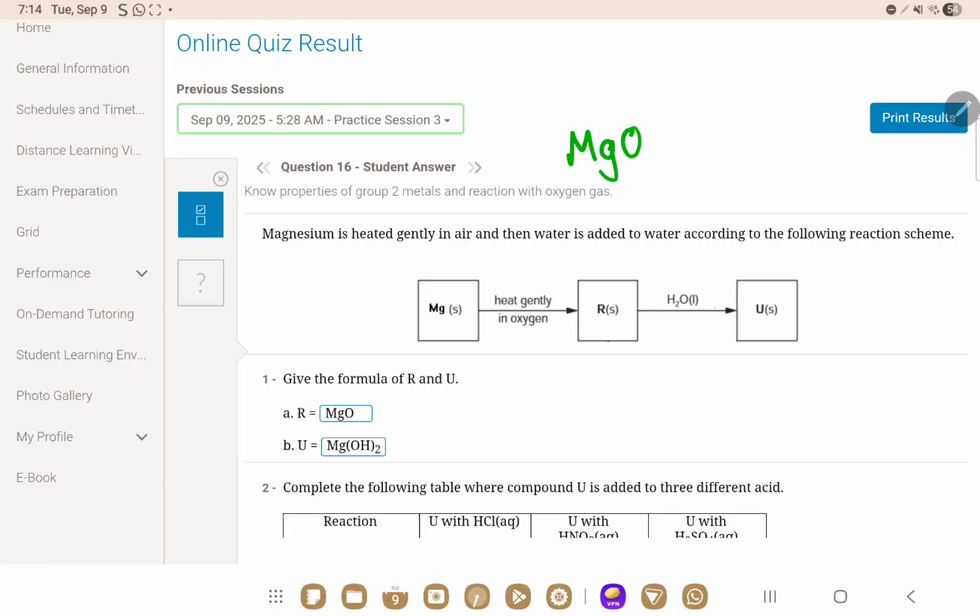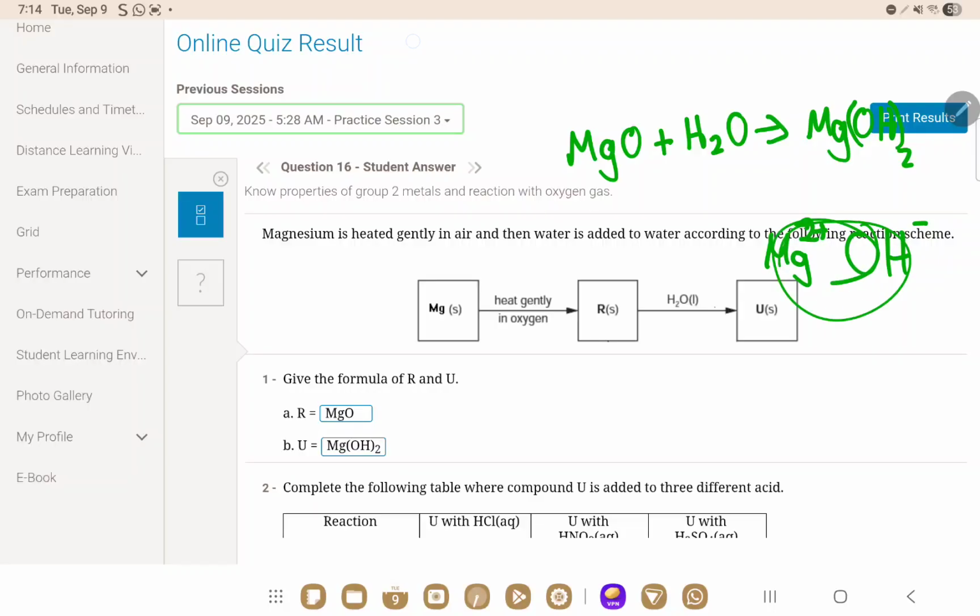Now when you add H2O to MgO, it's going to form Mg(OH)2. Why? Because OH has a charge of -1 and Mg has a charge of 2+. And we don't need to balance because you have 2 O's and 2 H's, so it's perfectly balanced.